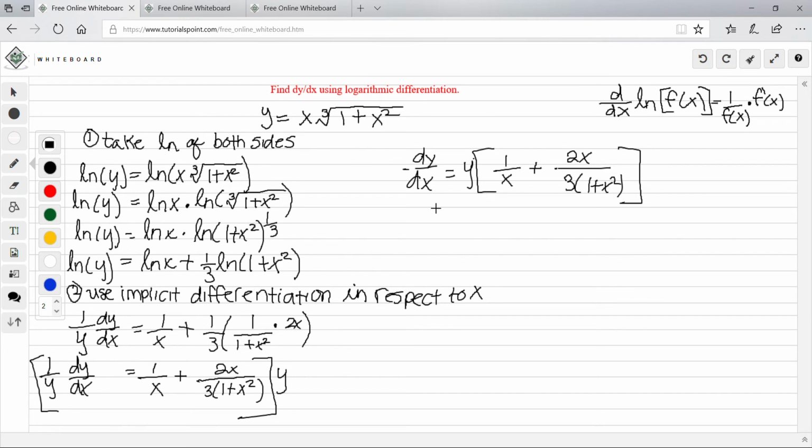So our y is this whole thing. So our final answer should be dy/dx equals this whole thing, and then we're going to put brackets, 1 divided by x plus the second term, and that should be your final answer.